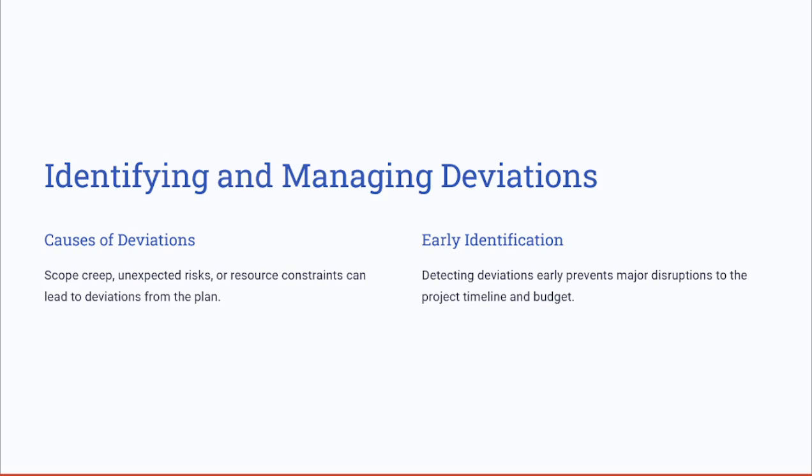Identifying and managing deviations. Deviations are common in projects, but their impact depends on how quickly they are detected and addressed. So ensure that you have good control and good monitoring on all of these changes according to your project.